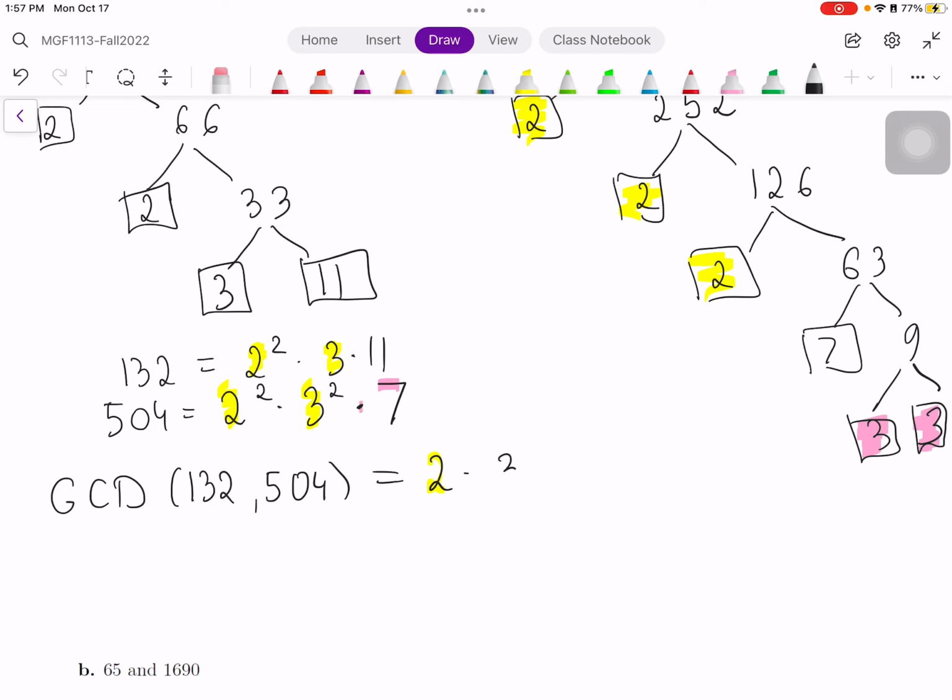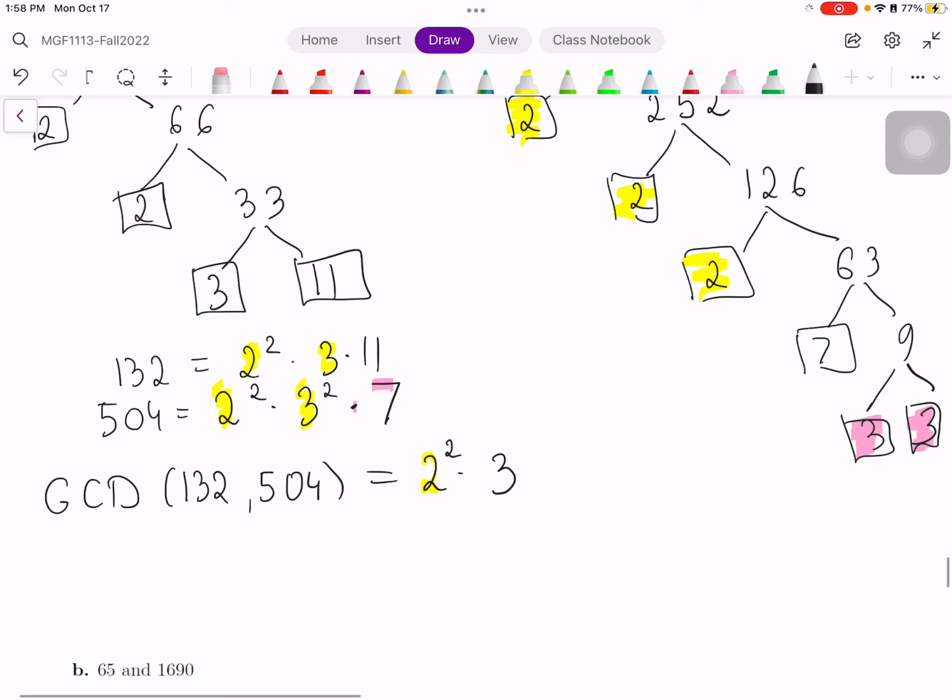And then I go with the smallest of the powers. If I see a base appearing with 2 different powers, I go with the smaller. Well, 2 in both cases appeared with the power 2, so that's the power it goes with. But 3 goes with the smaller power, so it remains 3, not 3 squared. And so that's 4 times 3, or 12.